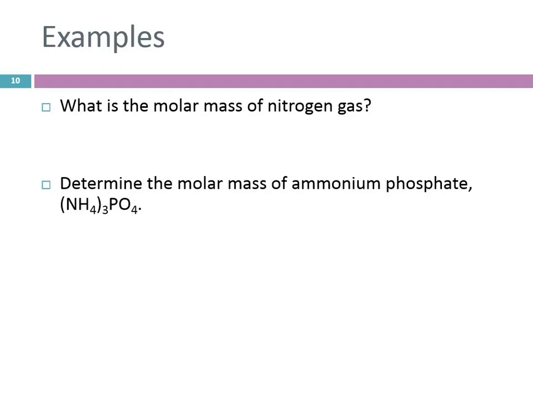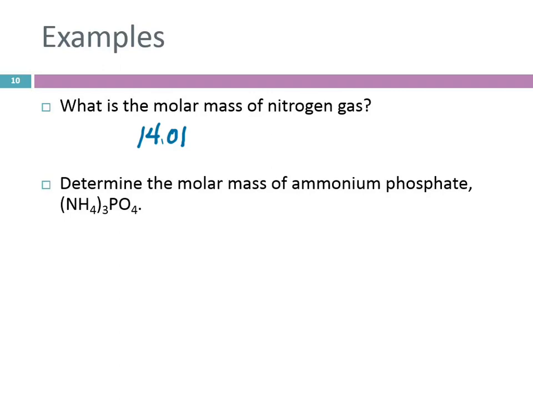What's the molar mass of nitrogen gas? Well, this is an element, right? So under nitrogen on the periodic table, it says 14.01 or something similar. Is that the molar mass of nitrogen gas? No, because it's a diatomic element.